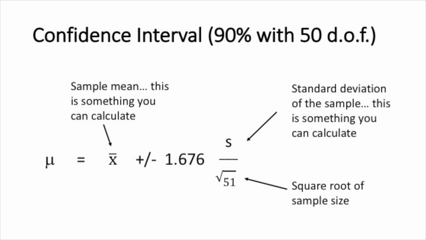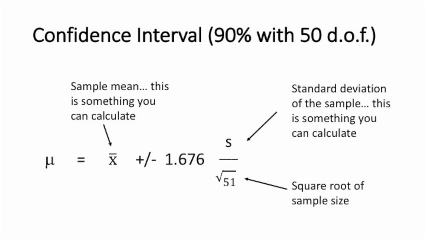Again, just a second ago, we looked at the t-table, and we found that if you have the top 5% and the bottom 5% of a distribution with 50 degrees of freedom, it's 1.676 for the t-statistic.